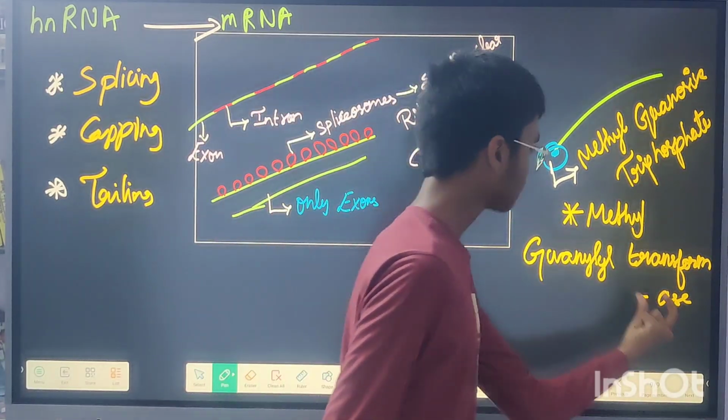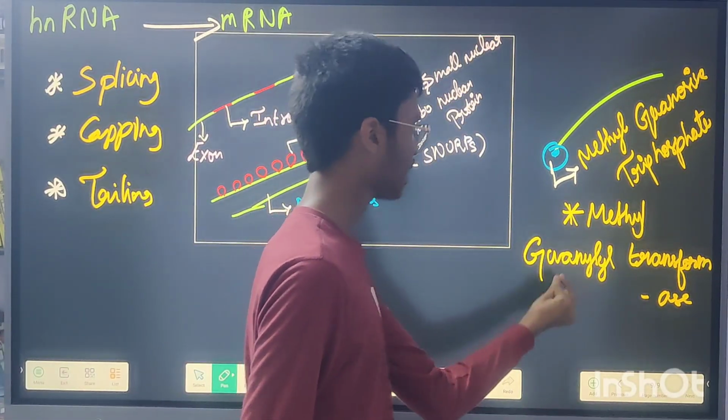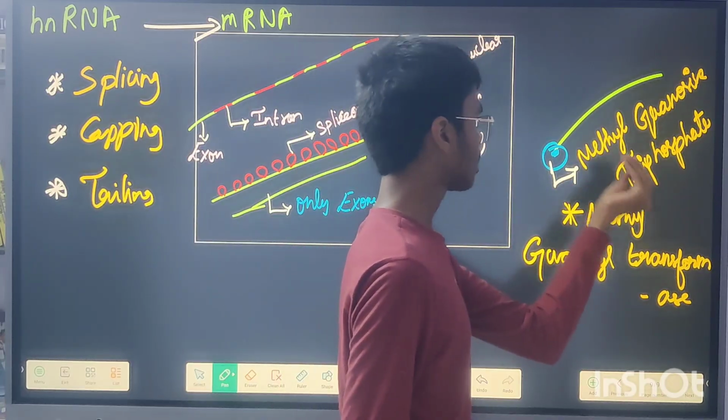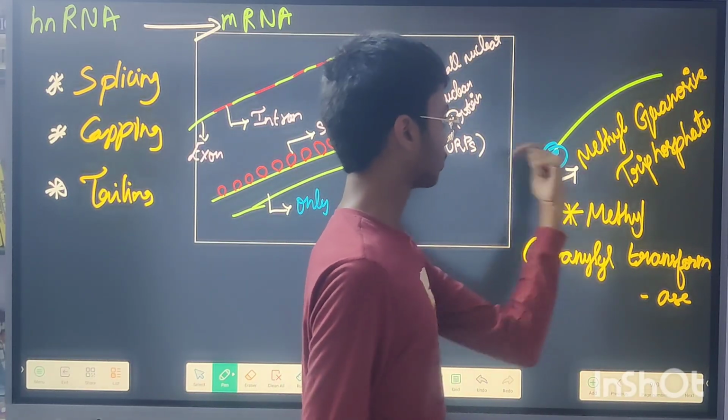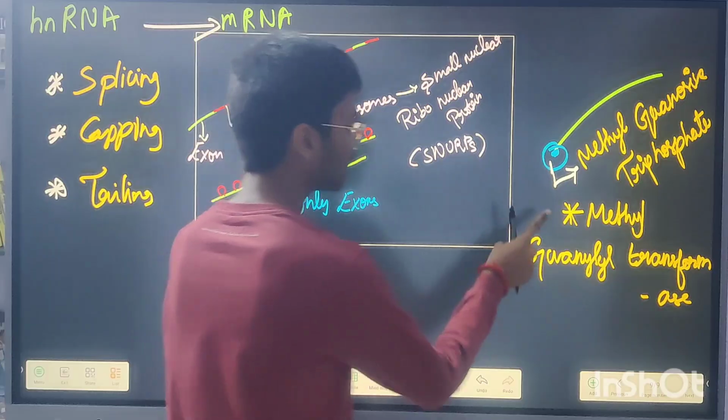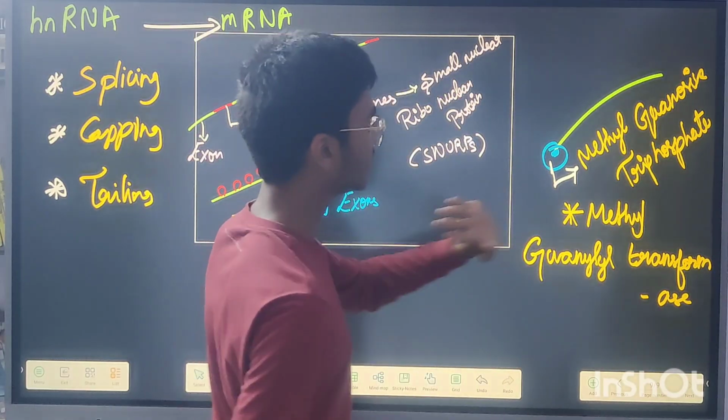Methyl guanyl transferase is the enzyme that adds phosphate to this exon group. So phosphate is being added by methyl guanyl transferase. It's very simple.